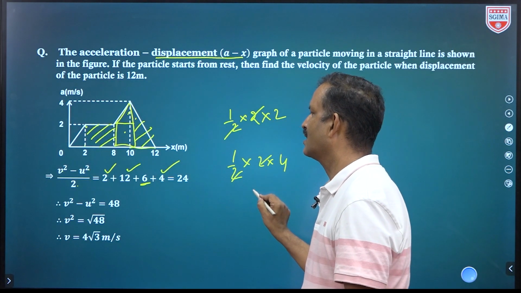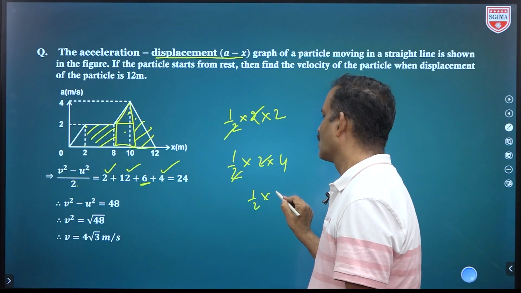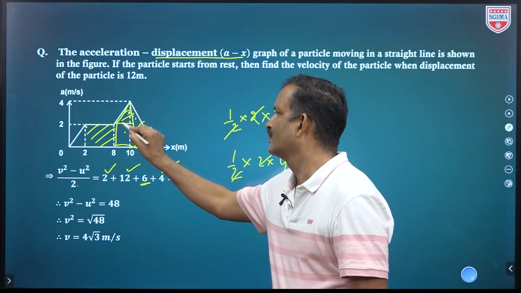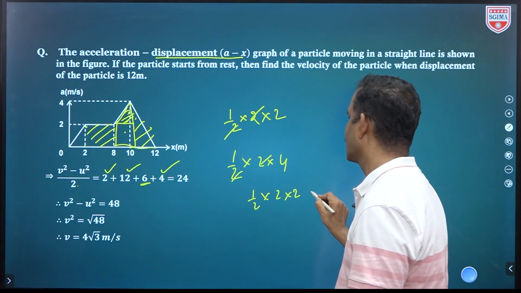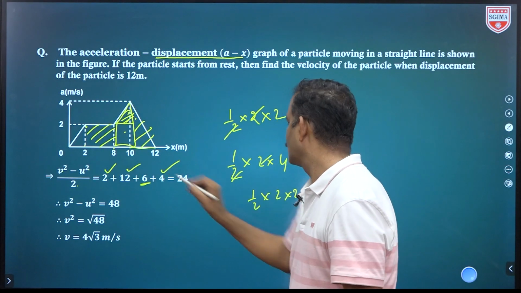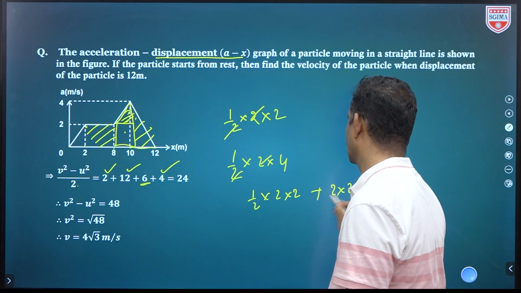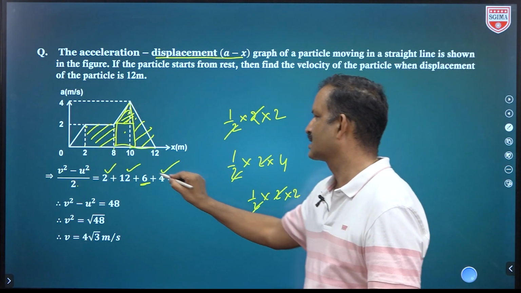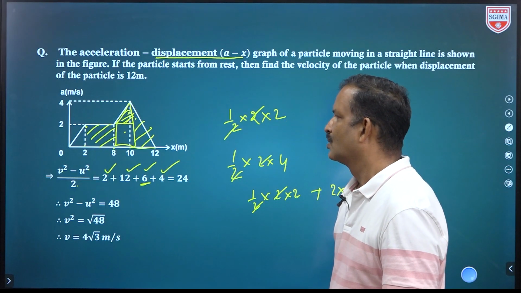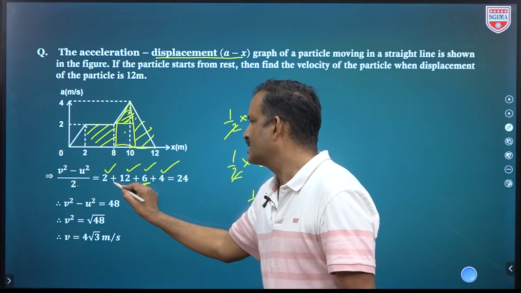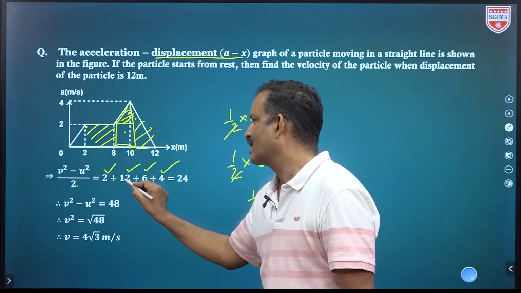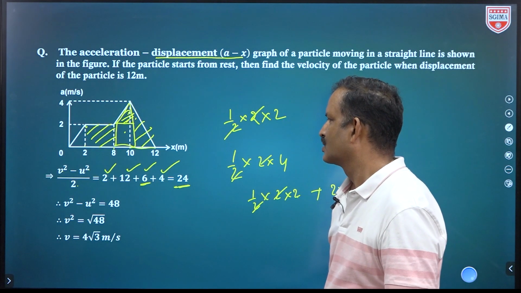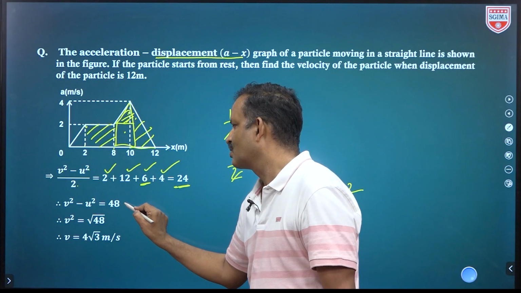Triangle area is half into 2 into 2, plus this area 2 into 2. Then you will get 2 plus 4, 6. So the total area you can calculate: 10 plus 12, 22 plus 24. So v square minus u square is equal to 48.